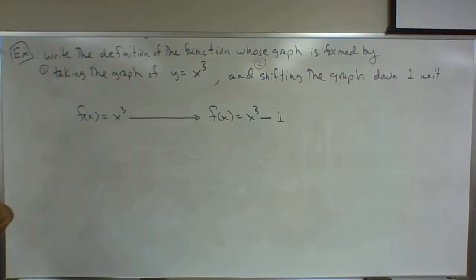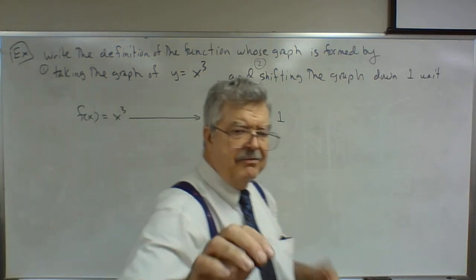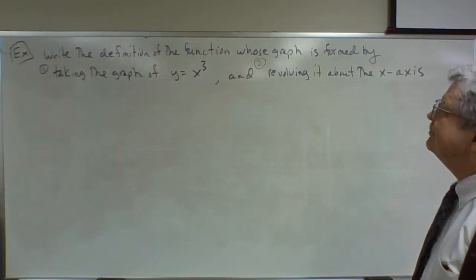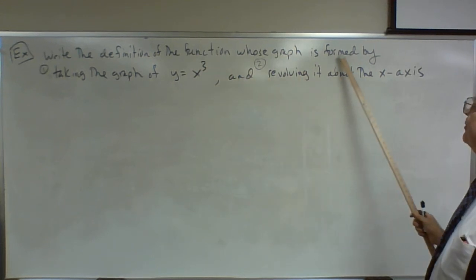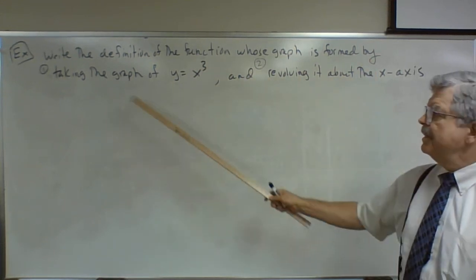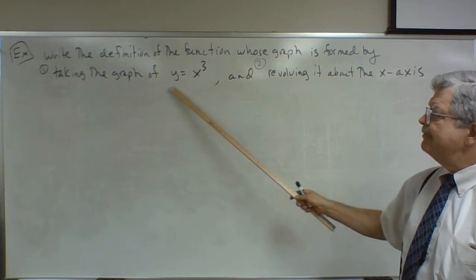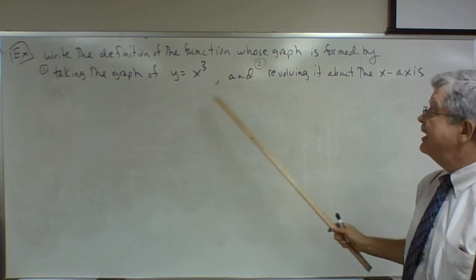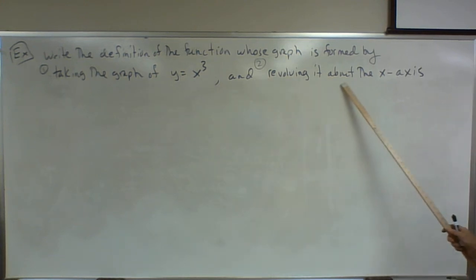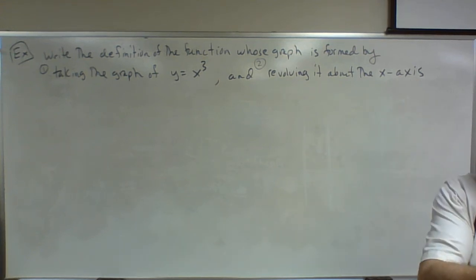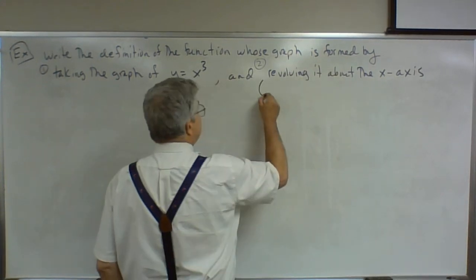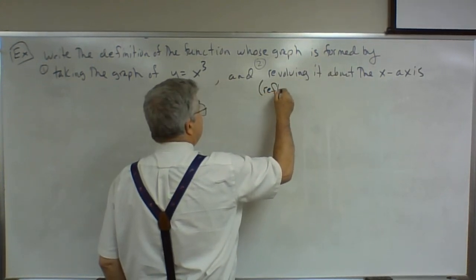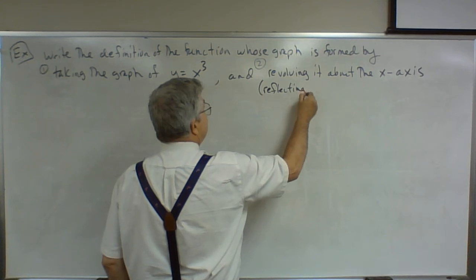Now let's do one more like this. Write the definition of the function whose graph is formed by 1, taking the graph of y equals x cubed, and 2, revolving it about the x-axis. Now in our book, instead of saying revolving it, they may say reflecting it.